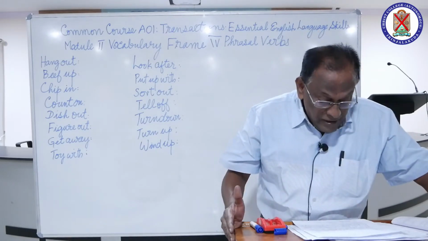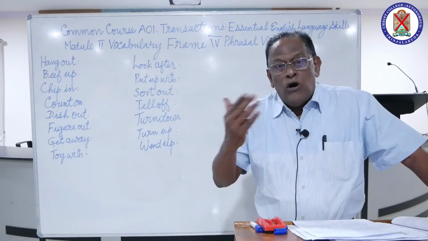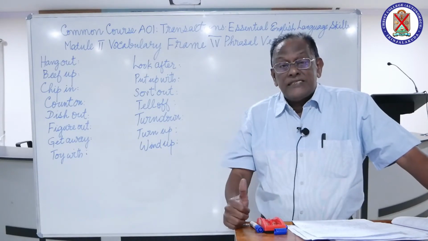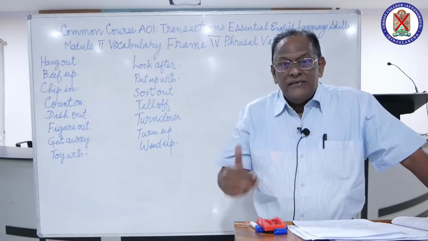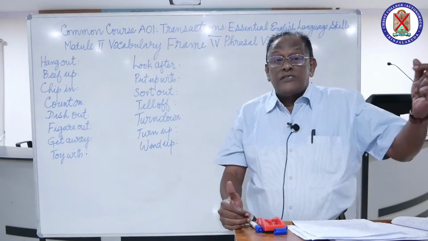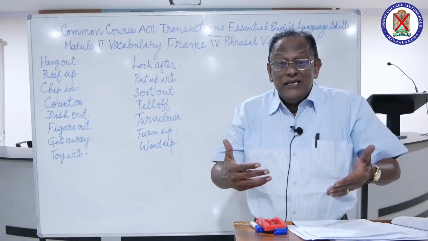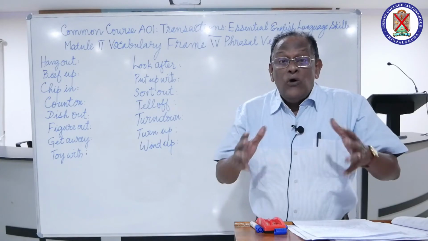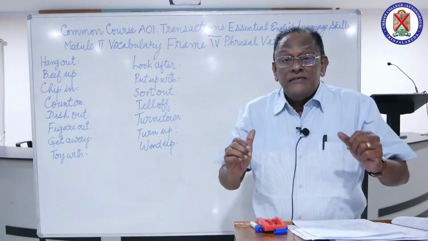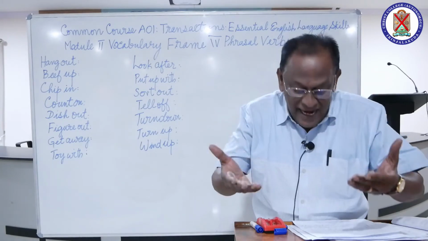Say, for example, put on. Put on means add. You have put on some weight recently because you are sitting at home and eating well. Put on, a phrasal verb, means add.